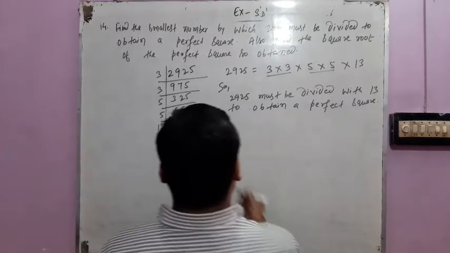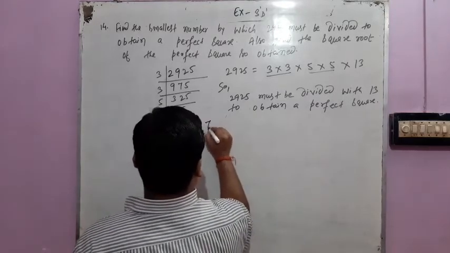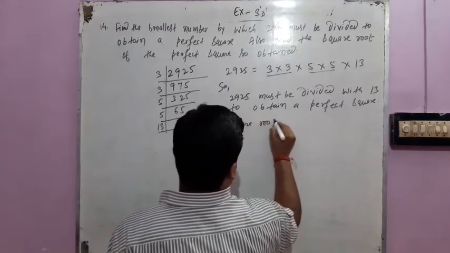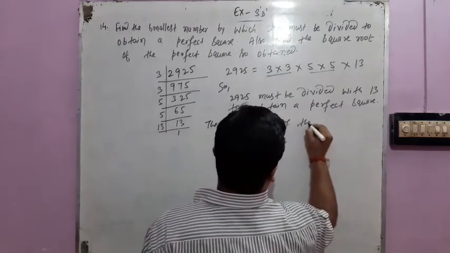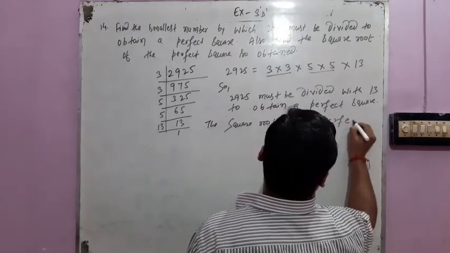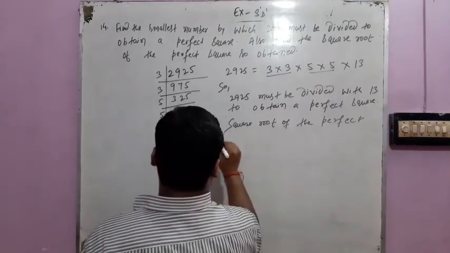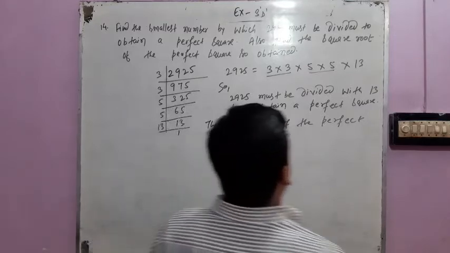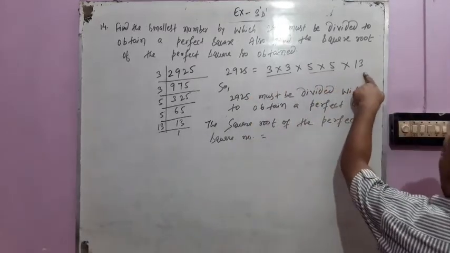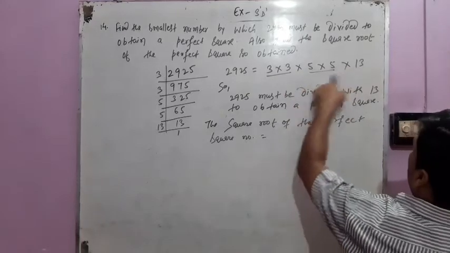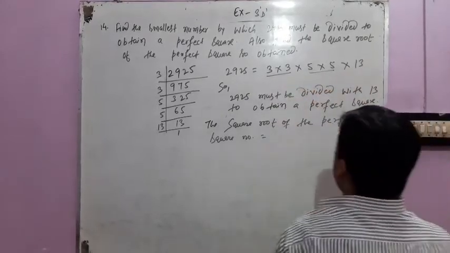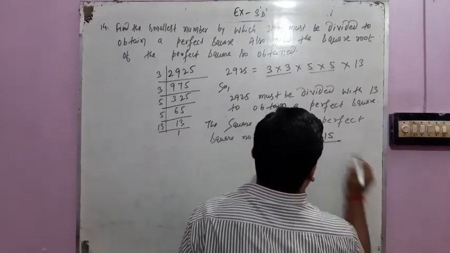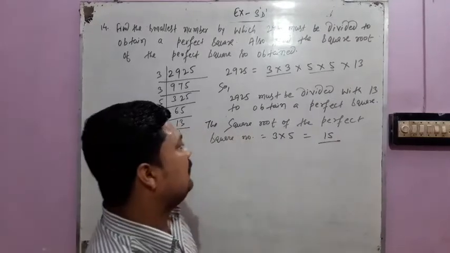Okay, now the square root of the perfect square number is equal to, now when we divide this number with 13, then the 13 cancel. Now what remains here? 3 and 5. 3 5s are 15. Okay, so this is our answer.